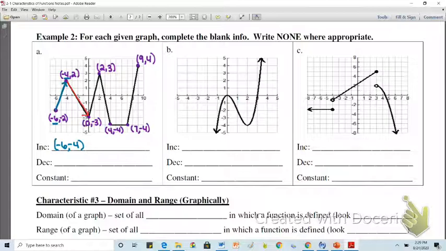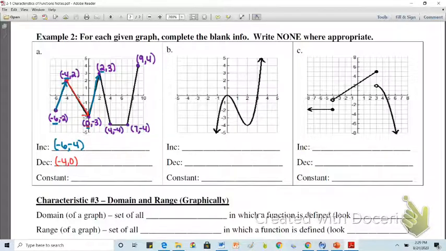That is a decrease. And again, we're only looking at the x values, -4 to 0. Now it turns around, and now as I trace it, it's going back up.